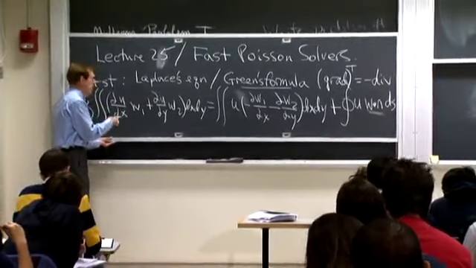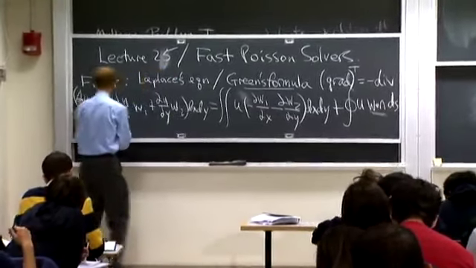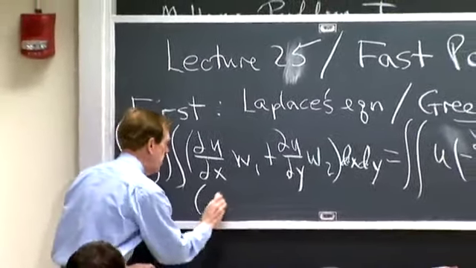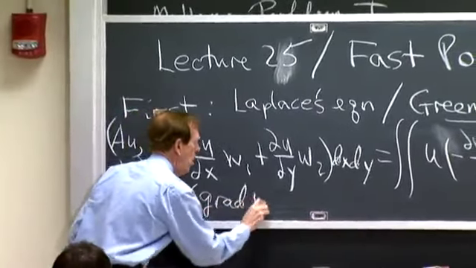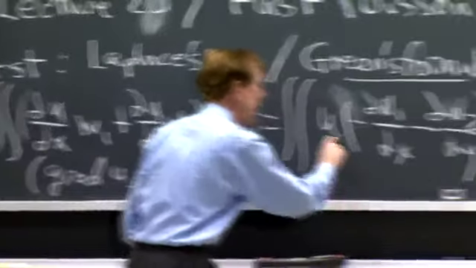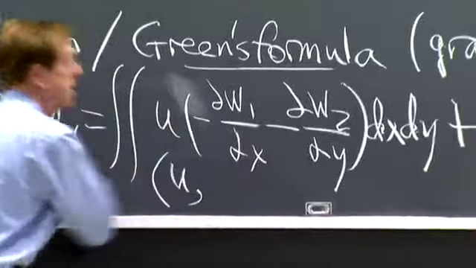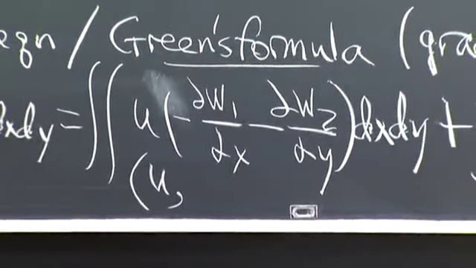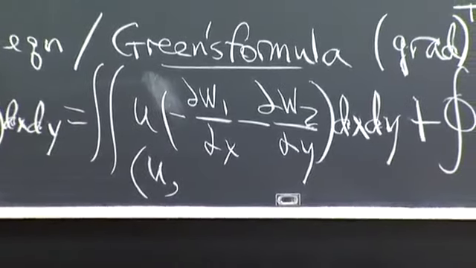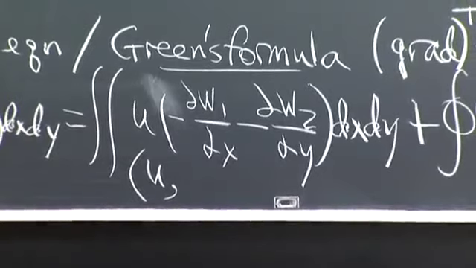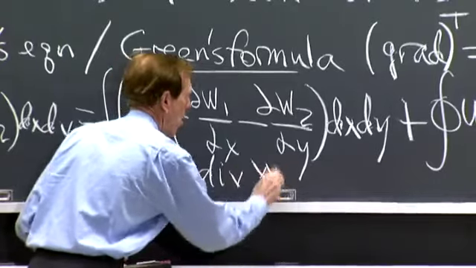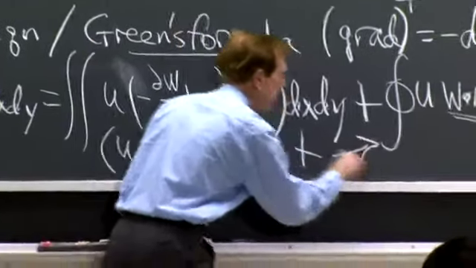And this is the formula that tells us that, if this was A being gradient, on the left side I'm seeing grad U inner product with W. And over here, what am I seeing? I'm seeing the inner product of U with, if I look at minus this quantity in parentheses, what's its name? It's the divergence. It's minus the divergence of W. Plus the boundary term.